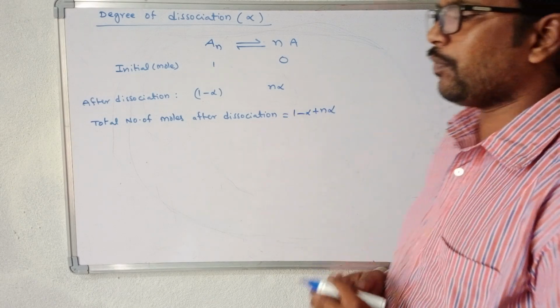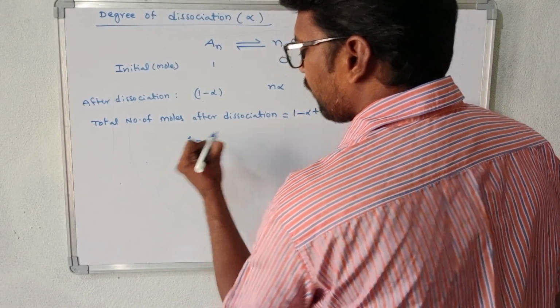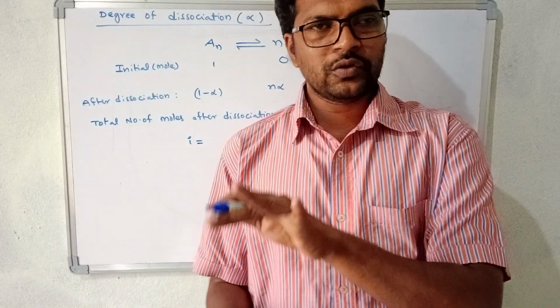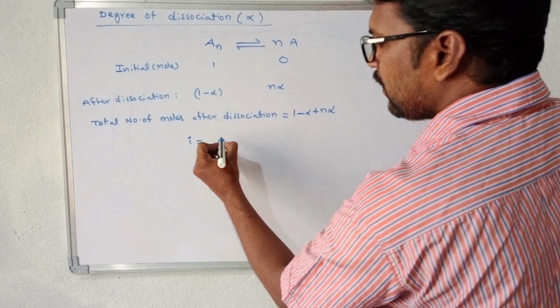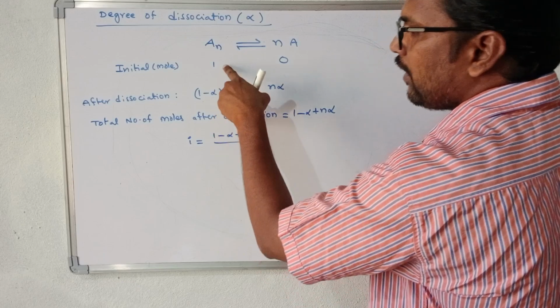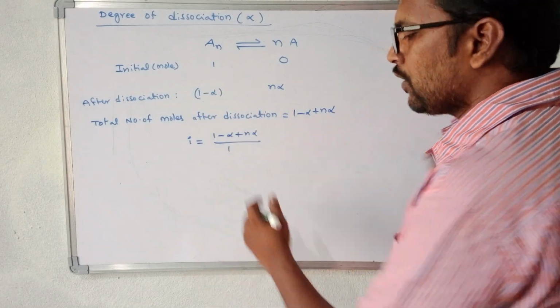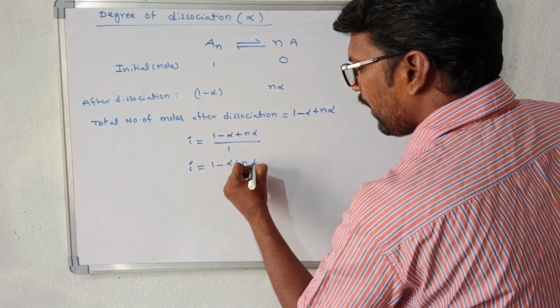To find the Van't Hoff factor, the relation is the number of moles after dissociation by the initial number of moles. After dissociation it is 1 minus alpha plus n alpha, and initially the number of moles is 1, so in the denominator we write 1. So i is equal to 1 minus alpha plus n alpha.